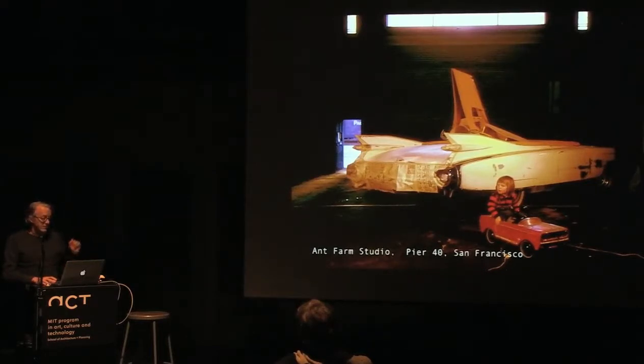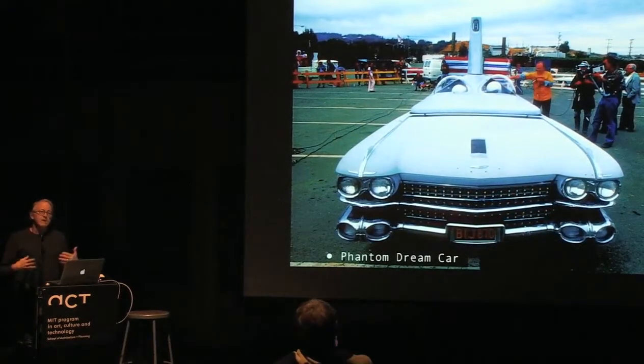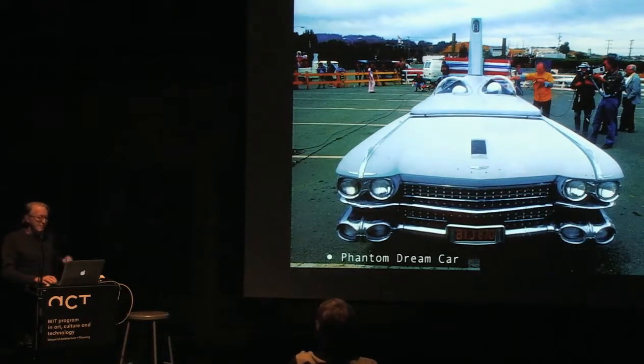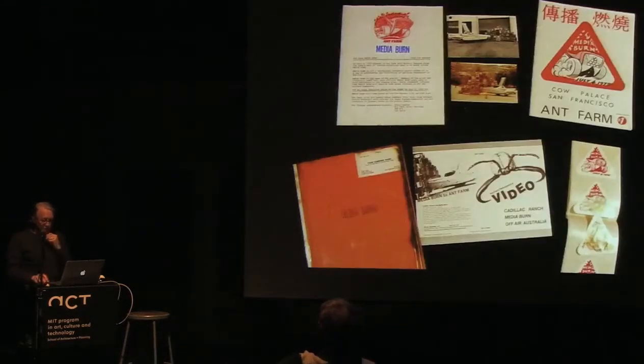And this is an early stage of the creation of the Phantom Dream Car, drawing on images that as kids, we shared the love of the dream cars and the auto shows that would introduce the new car models. But the Phantom Dream Car is designed for just this one purpose of crashing through a wall of TV sets.